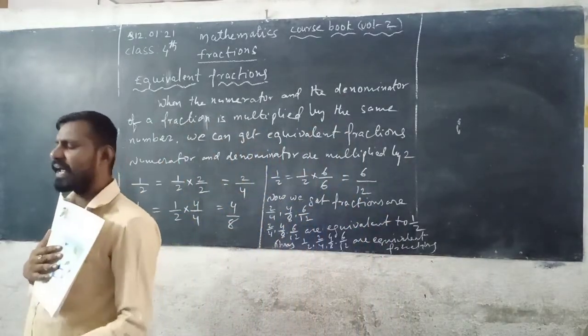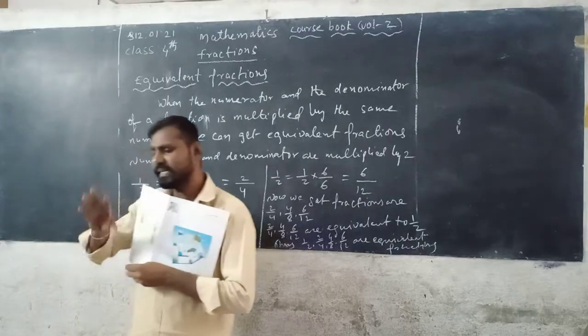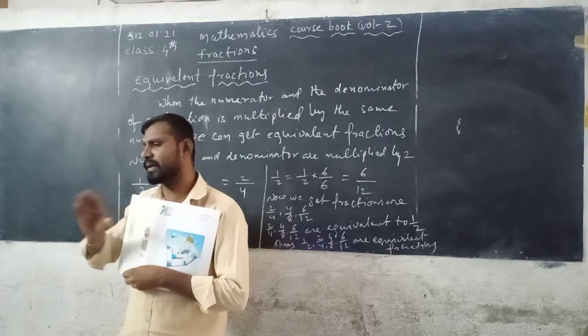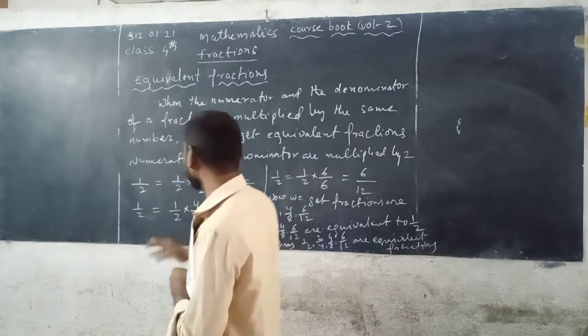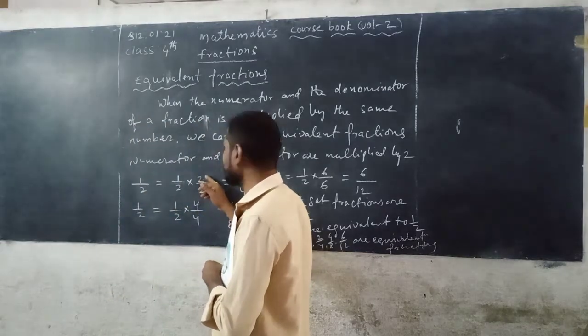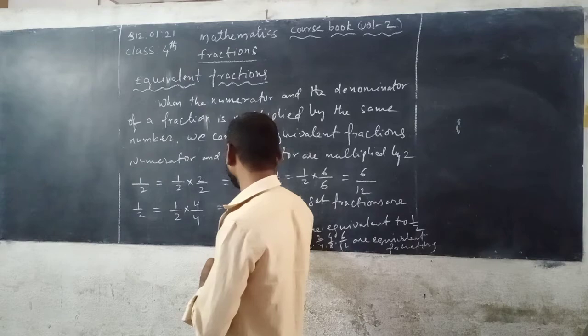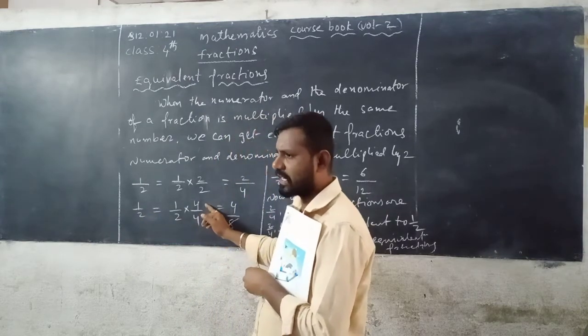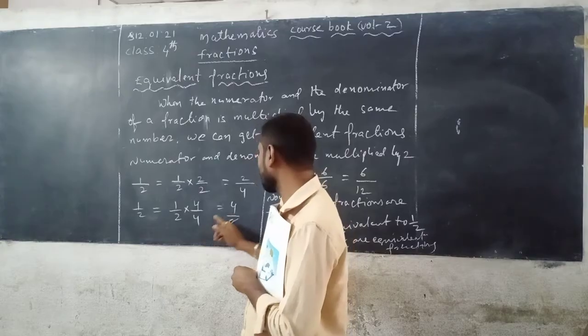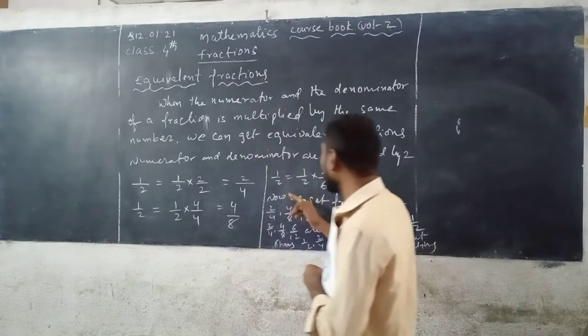If you take any fraction and multiply its numerator and denominator by different numbers, means 1 by 2 multiplied by 2 on both numerator and denominator, we get 2 by 4. Again 1 by 2 multiplied by 4, we get 4 by 8.